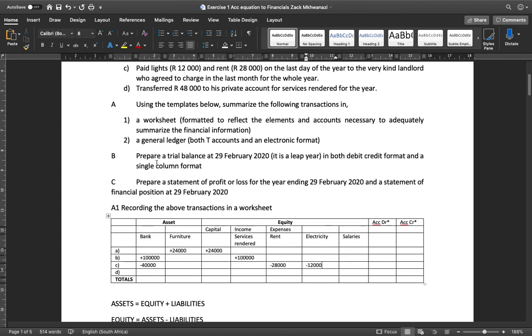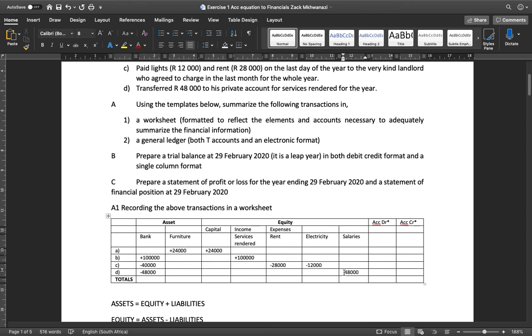And then finally, transferred 48,000 Rand to him personally. Well, the bank has gone down by 48,000. So minus 48,000. And what's happened to this expense, salaries, minus 48,000. Once again, you can see the effect on the equation.